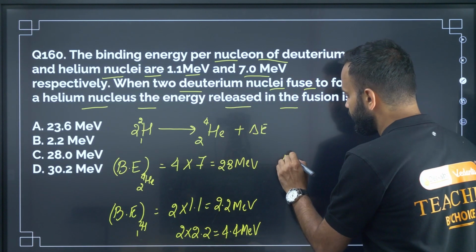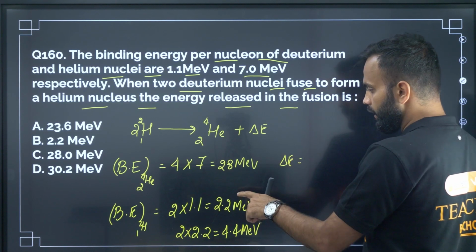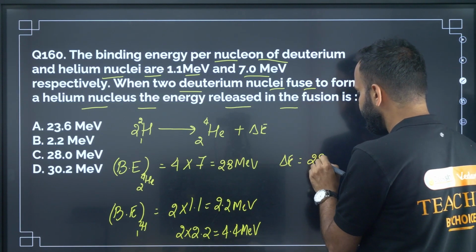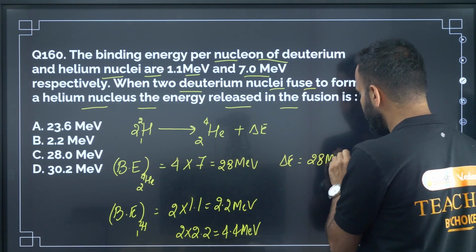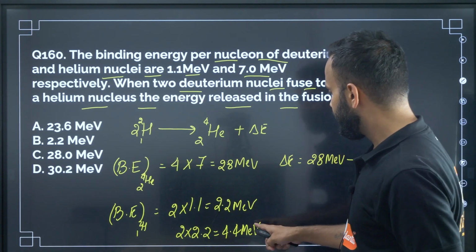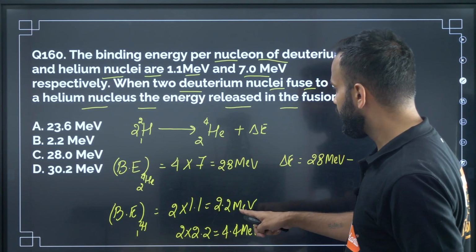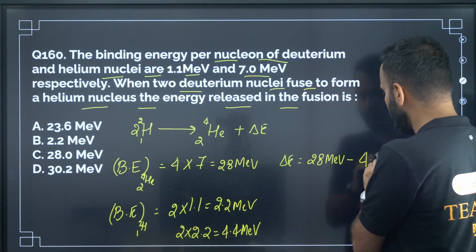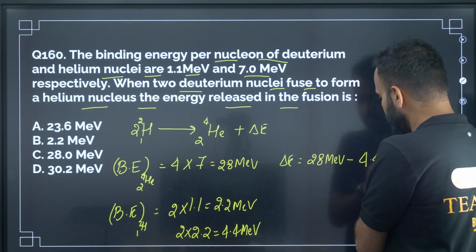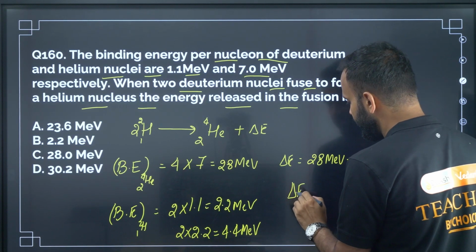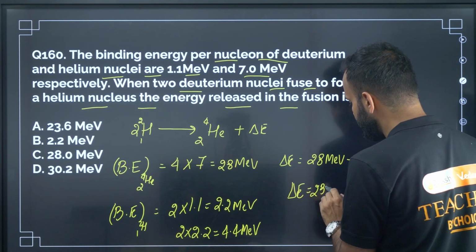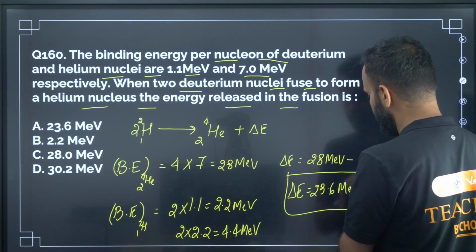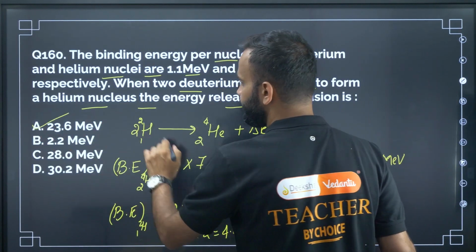Energy released is equal to the binding energy of the helium atom, that is 28 mega electron volt, minus the binding energy of the two deuterium atoms, that is 4.4 mega electron volt. Now solve this, you will get delta E is equal to 23.6 mega electron volt. So the correct option is A.